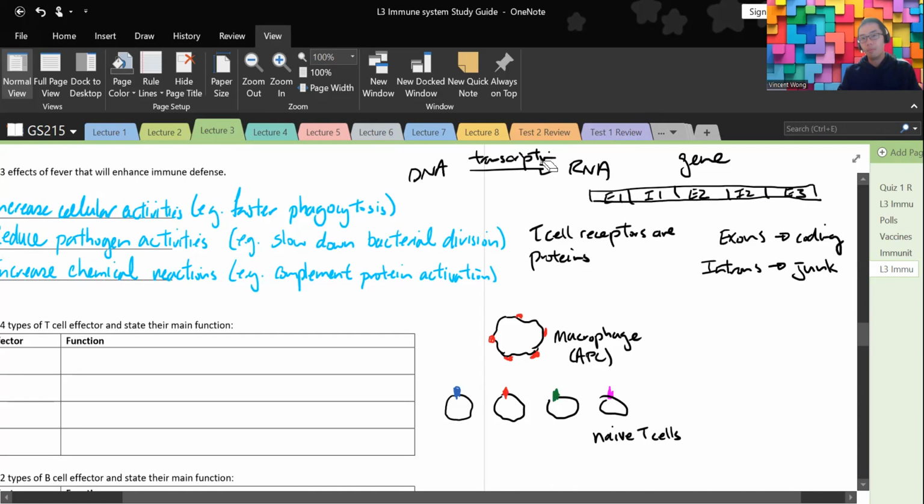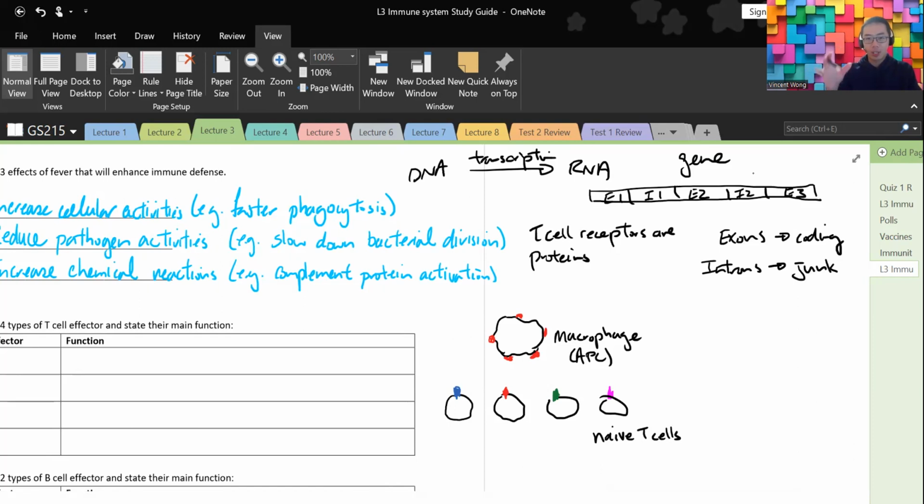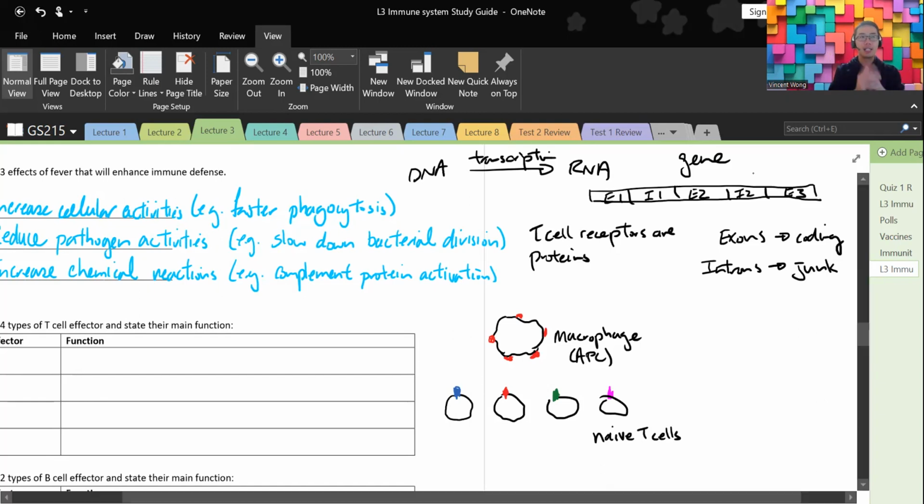So what you must do is you actually have to cut out all the junk DNA and connect the exons together. Is everybody with me about what exon introns are, right? So basically when you copy the gene in the form of RNA, not the whole thing is useful for making protein. Okay, there are some non-coding junk DNA in it.